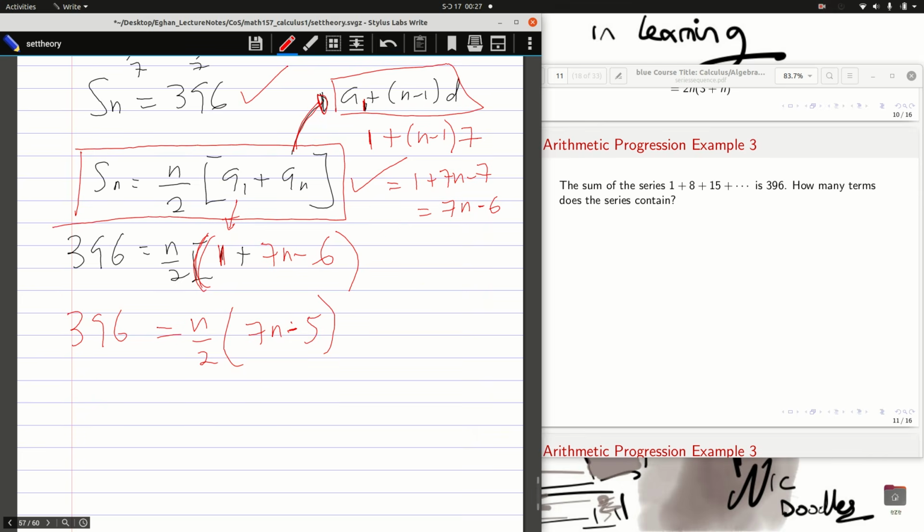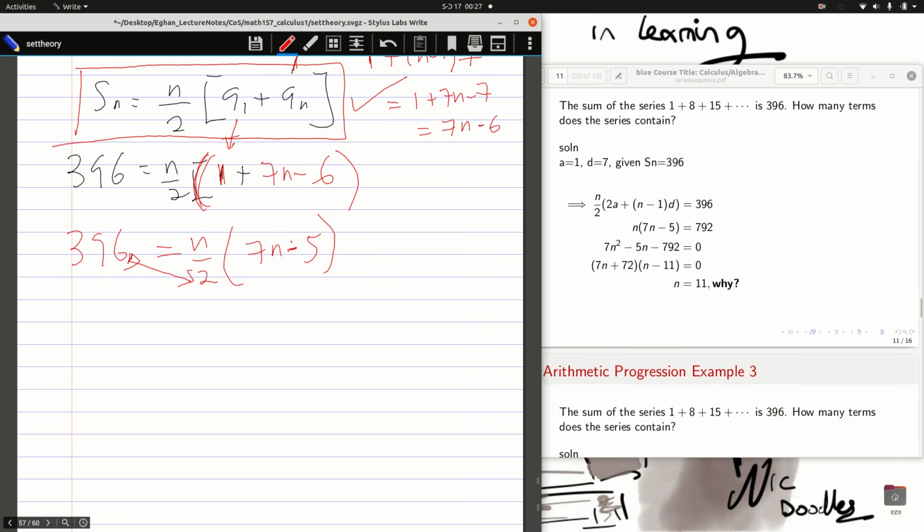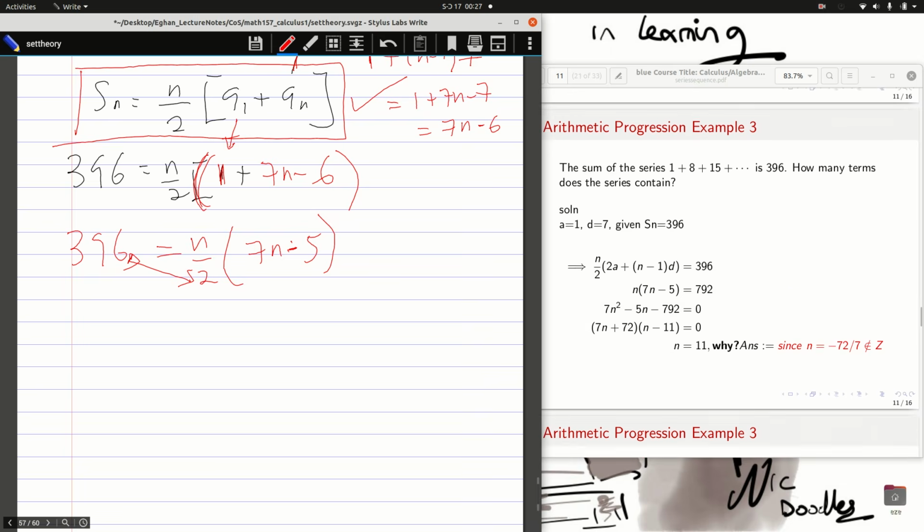I'm very careful with my addition and subtractions. I can group like terms, multiply this by that, and then I'm going to get 792 is equal to n(7n minus 5). I can expand and get 7n squared minus 5n equal to 792.